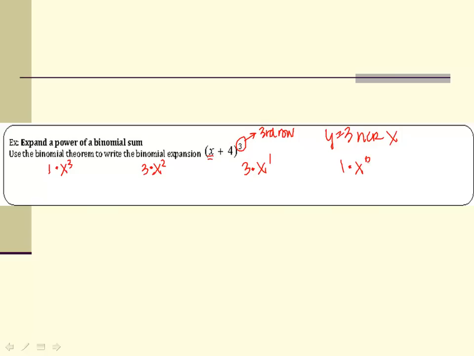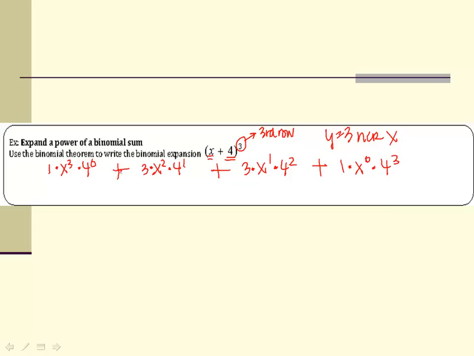And you'll notice I started 3, 2, 1, 0. If I had the fifth row, I'd go 5, 4, 3, 2, 1, 0. With the 4, I'm going to work backwards. So this time I'm going to say 4 to the 0 power, 4 to the first, 4 to the second, 4 to the third, and I'm going to add these values between.